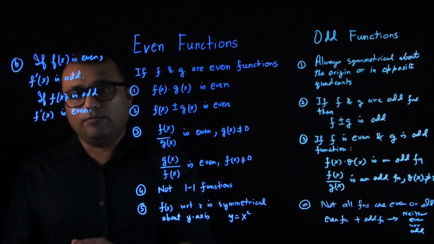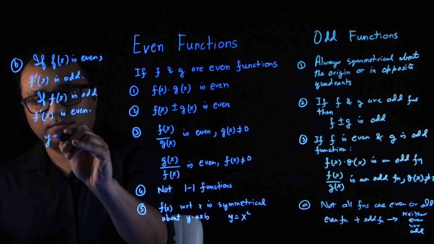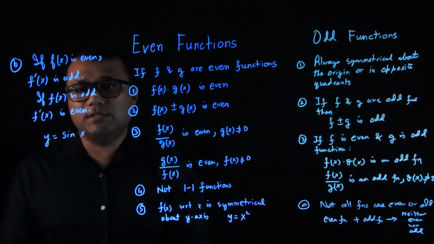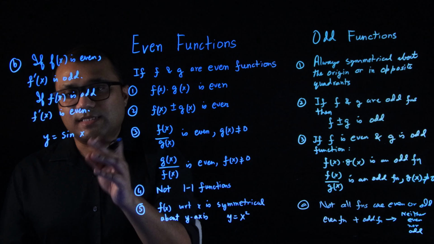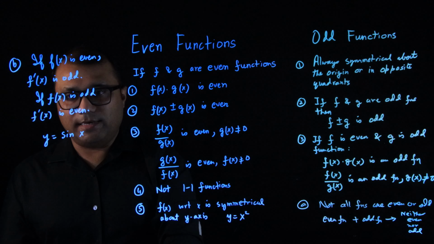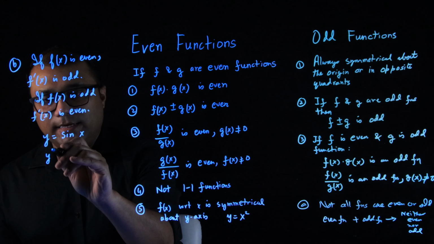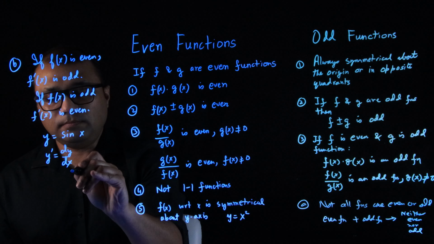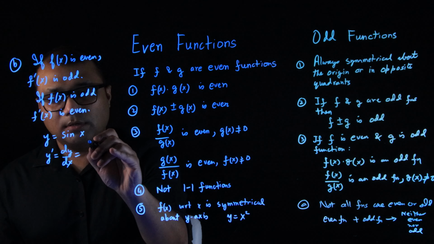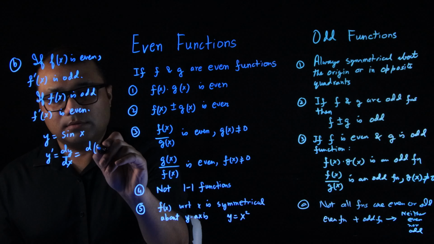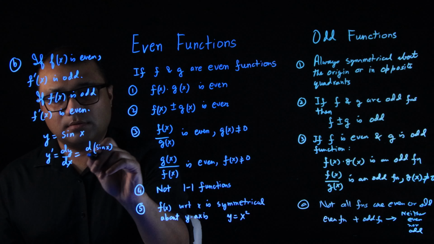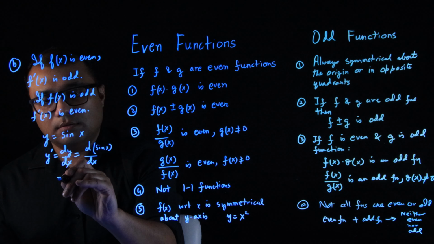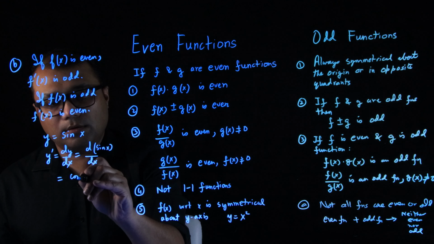Very simple example I can give you. y equals sine x. We know this is an odd function because sine of minus x is minus sine x. Now y dashed, which is dy dx, the first derivative of sine x, is cos x.